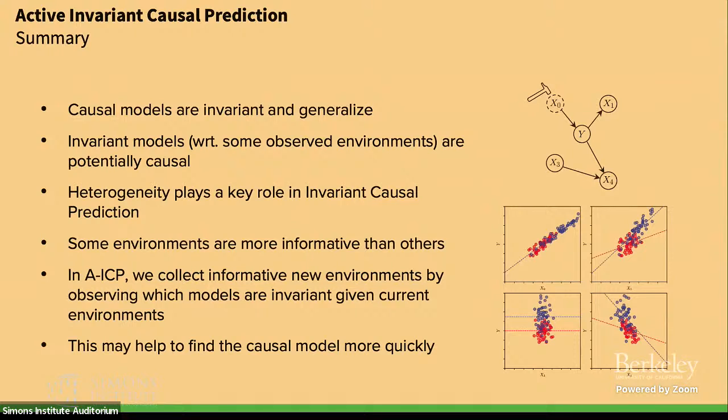In AICP, we collect these informative new environments by observing which models are invariant given the current environments and how that changes. This may help to find the causal model more quickly, also depending on sample size and intervention strengths, so what power you have and how much the setting challenges the statistical testing you do underneath. That's also maybe a comment about the different performance of these methods.